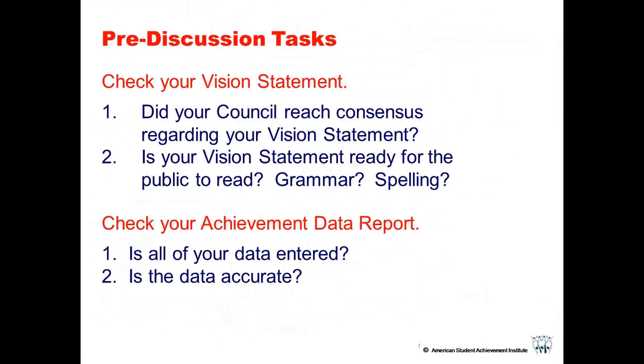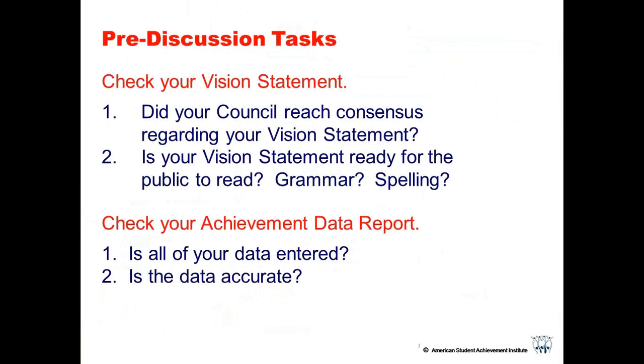Then the second thing we'd like you to check is the achievement data report. I'll show you how to find that report in a second. It's actually the data that you entered into the online system in October, plus some data that we auto-populated into the system. So you'll want to check the report to see, is all of the data entered and is the data accurate.